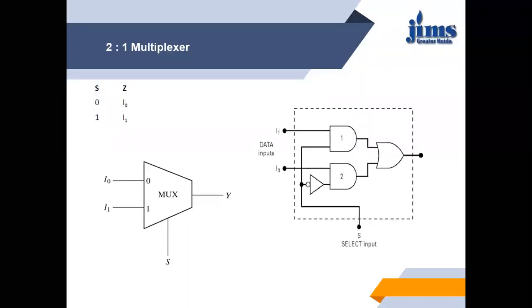And we can find the relation: Z equals S bar I0 plus S I1. Here is the select line; S I1 comes from here, and S bar I0 comes from here. So S bar I0 plus S I1 equals Y, and that relation can be drawn directly from the truth table.